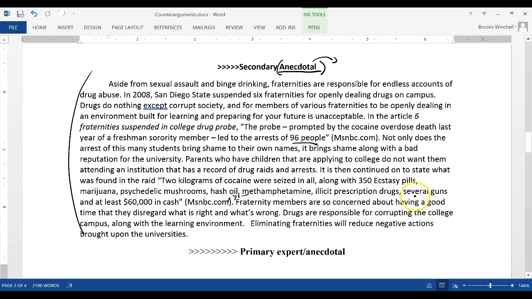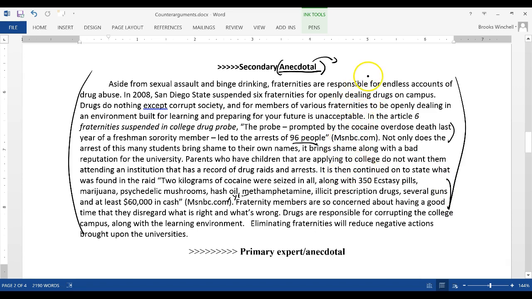Fraternity members are so concerned about having a good time that they disregard what's right and what's wrong. Drugs are responsible for corrupting the college campus along with the learning environment. Eliminating fraternities will reduce negative actions brought upon the universities. So here, he's giving an example, right? Of one fraternity where there were arrests, where there were several drugs, to make the point that fraternities have a lot of drugs.